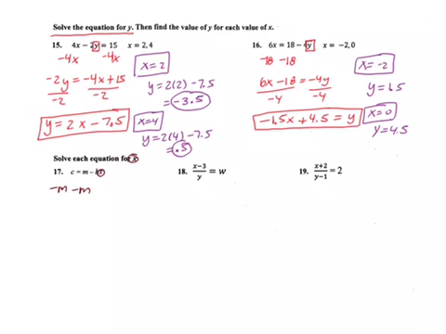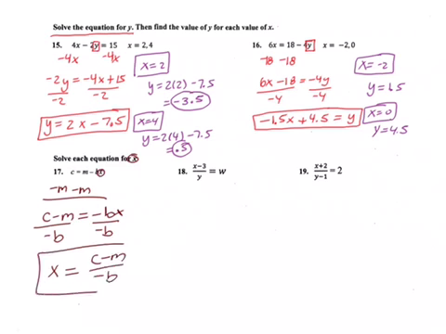It's not multiplying the x, it's actually being added to it, but it's a positive m, so the only way to move it is to subtract it. And so we've got c minus m equals negative bx. Then we need to undo the multiplication by negative b, so we divide by negative b. And ultimately, we get x equals c minus m over negative b.